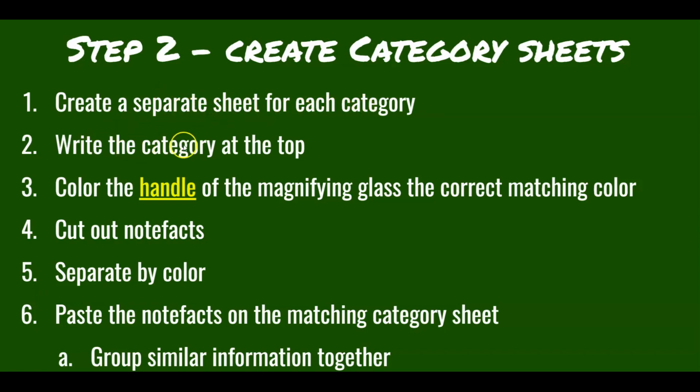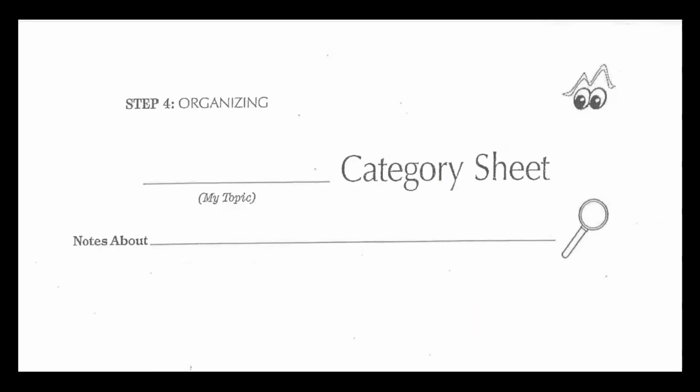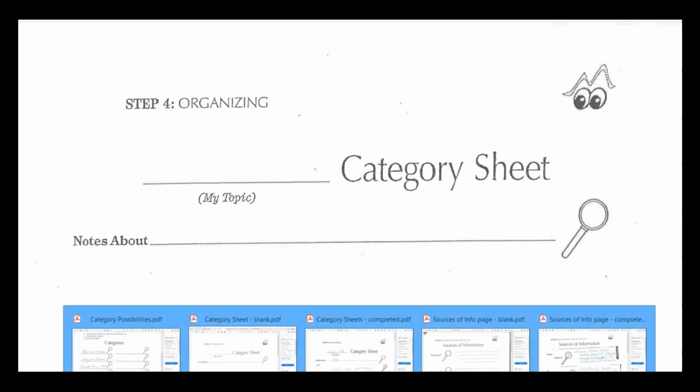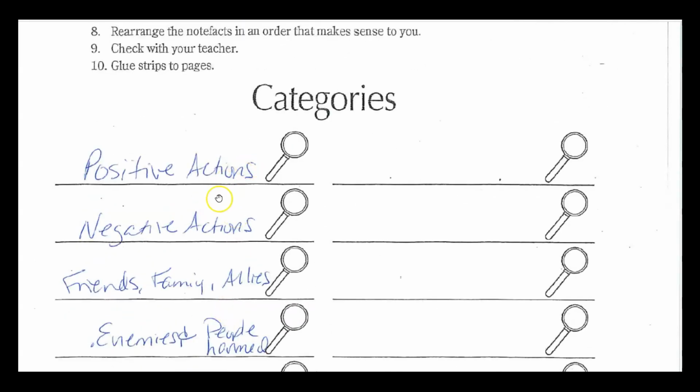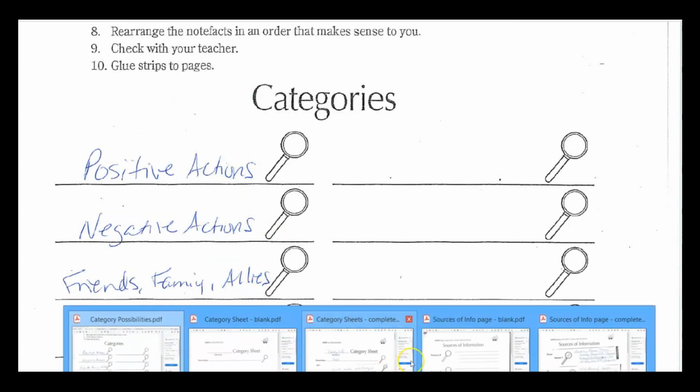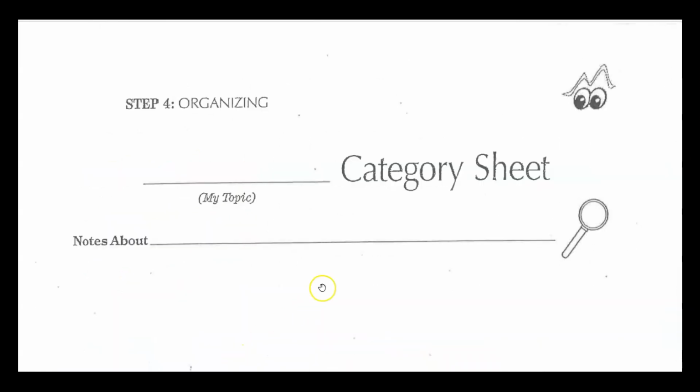And you can do that by writing the category at the top of the sheet, and you're going to color the handle of the magnifying glass the correct matching color. So if we look at the sheet, this is the sheet that we're talking about. It is directly after the sheet where we're going to list all of our categories, right? So this sheet where we list all our categories, if you flip the page, you will find this sheet, okay?